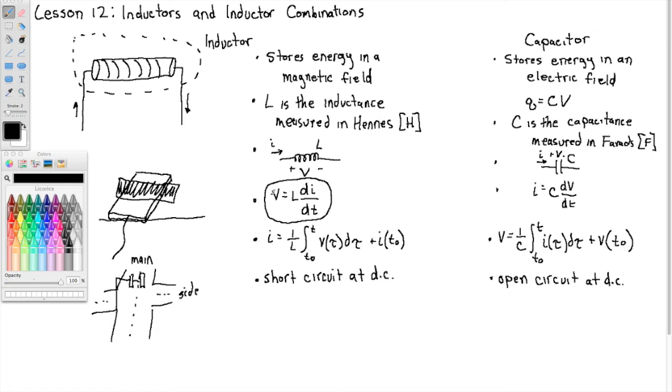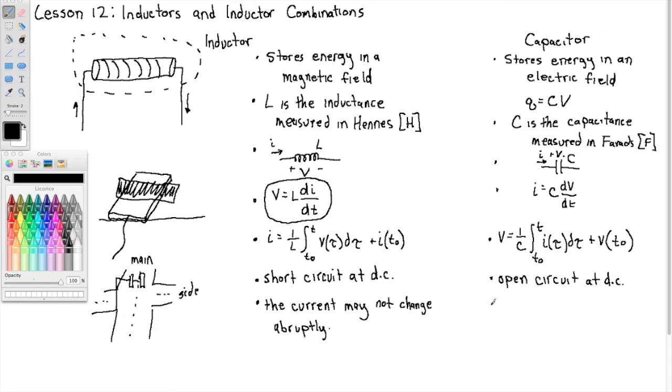Now the other thing we get from this equation that I've boxed is that the current through an inductor may not change abruptly. That is, it must be continuous.